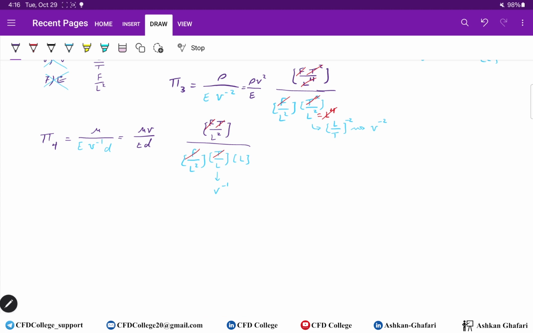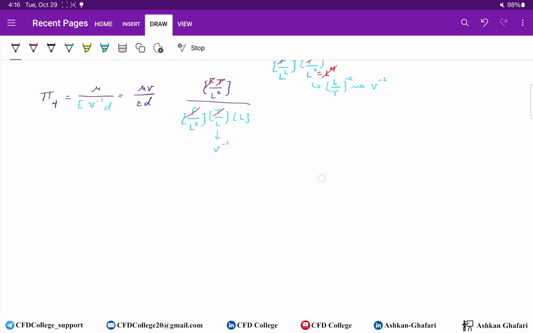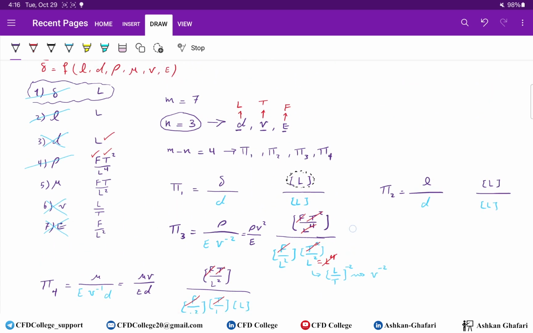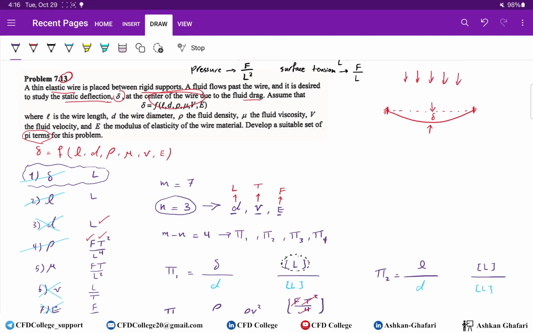Now we have all dimensionless groups, but the final answer, and many students forget to write down the final answer. The final answer to these questions is that you have to find something like this. Pi 1 equals function of pi 2 to pi m minus n.